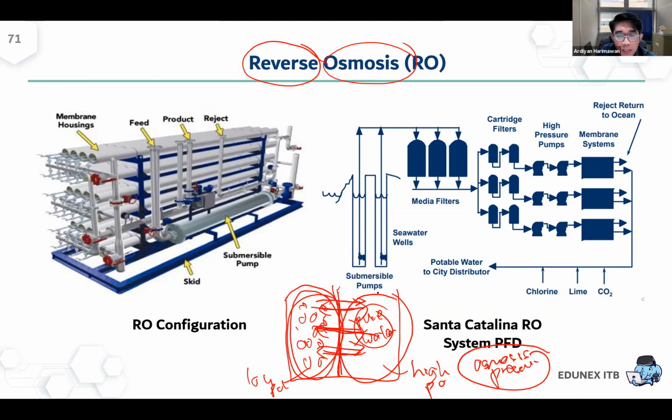And now reverse osmosis is widely used, for example for the desalination process, to get fresh water from seawater. Okay, so these are types of external water treatment.